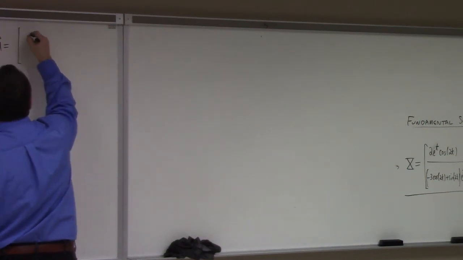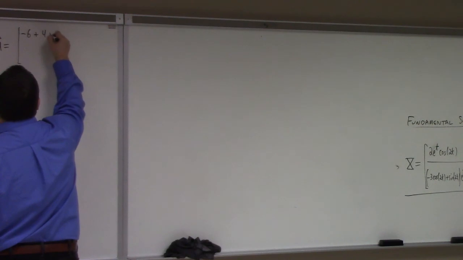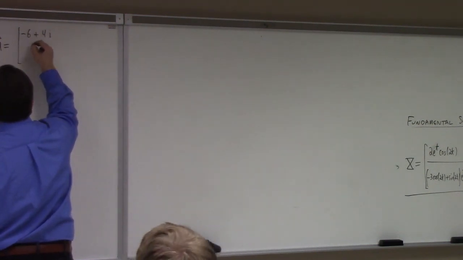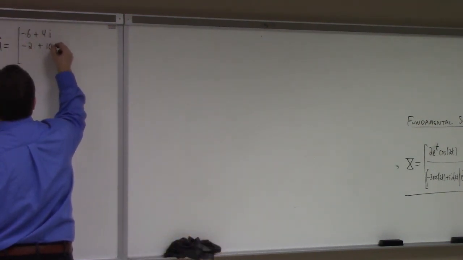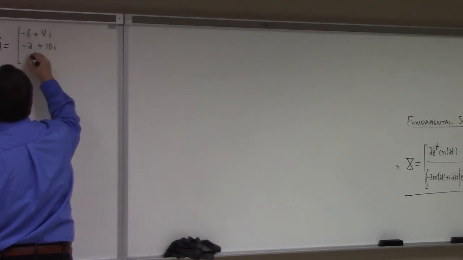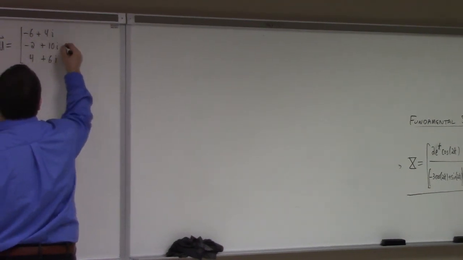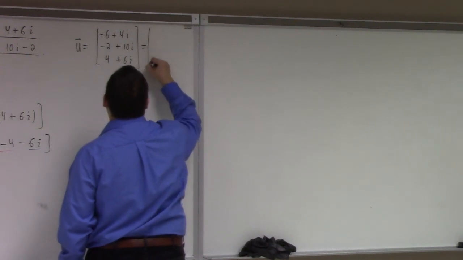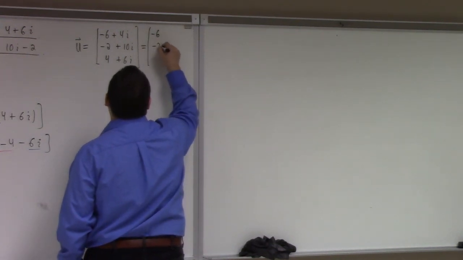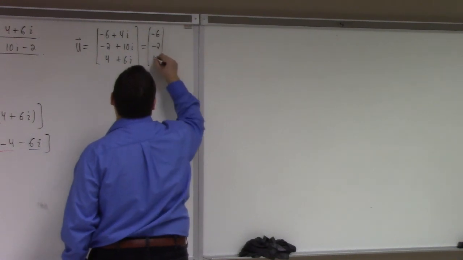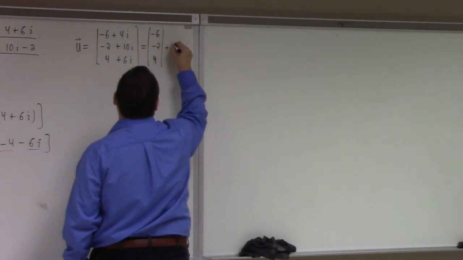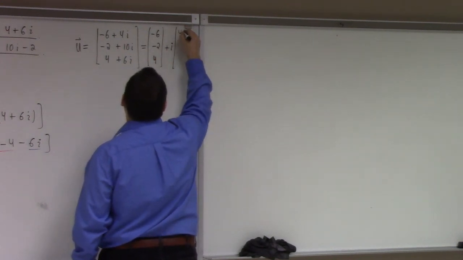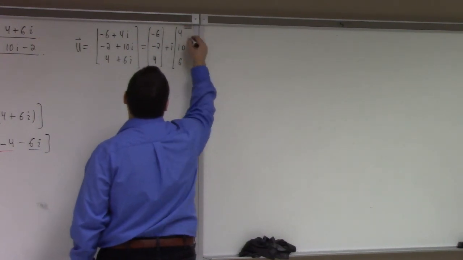Oh, yeah, minus 6 plus 4i. What's my v? Minus 2 plus 10i. What's my w? 4 plus 6i. So you can see that that is going to be minus 6, minus 2, 4, plus i times 4, 10, 6.